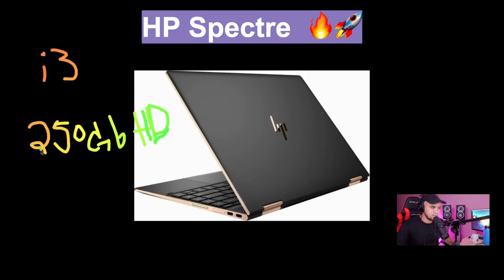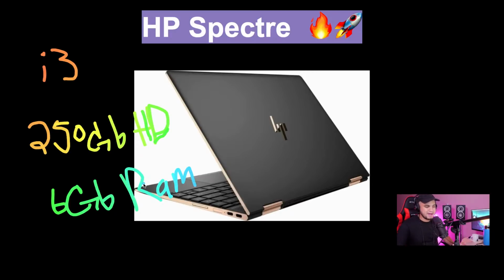It's a hard drive. And then let's say you got 6 gigabytes of RAM. This is actually a pretty normal build for very economic computers, I'd say. Most people buying their first computer have something similar to this.